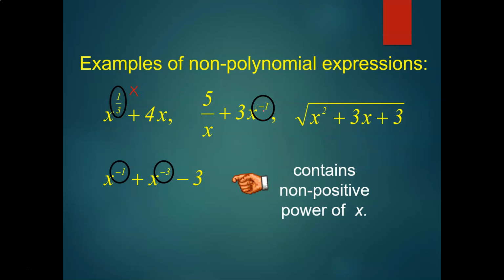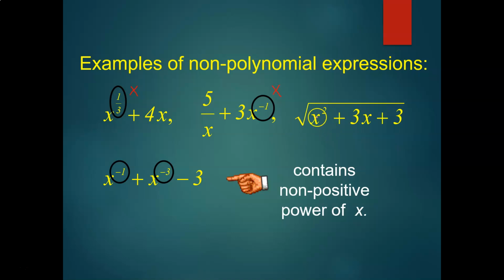Remember, the condition for it to be a polynomial is that the power must belong to the positive integers. What are positive integers? Whole numbers 1, 2, 3, 4, 5, 6, 7, 8 and so on. It cannot be negative. If there is a negative there, or a fraction, it is also non-polynomial.